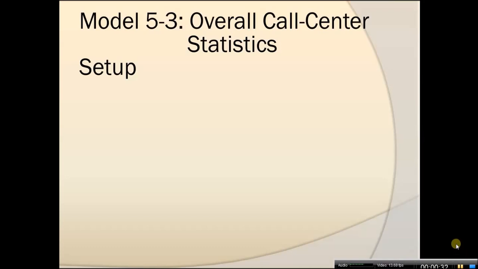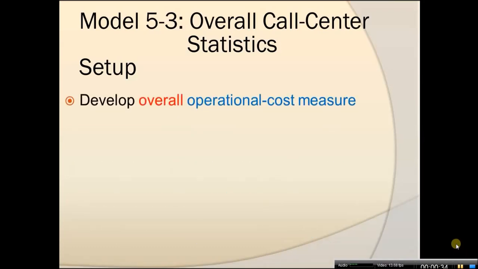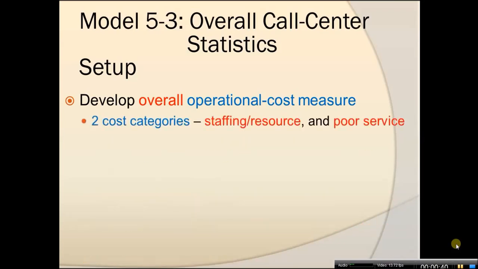So the setup for this will include developing an overall operational cost measure, and this cost measure will consist of two cost categories. As you think about it, they're complementary, and there is also often a trade-off between those two.